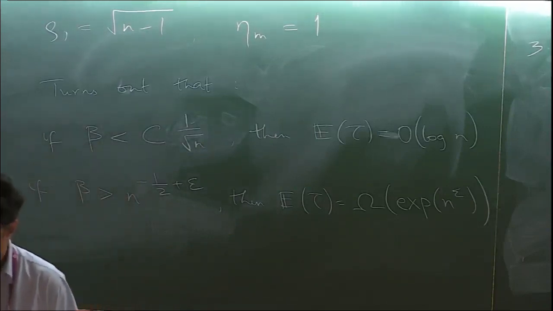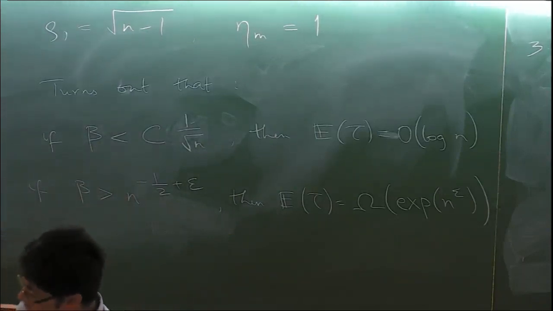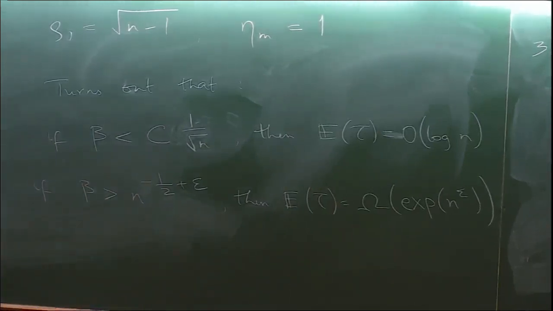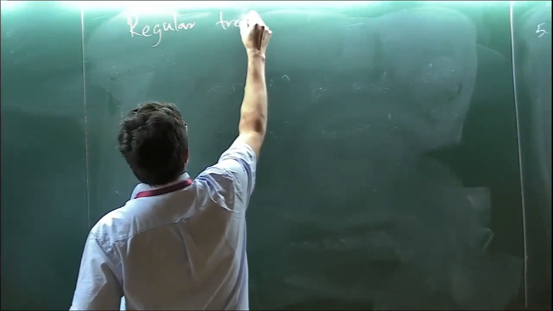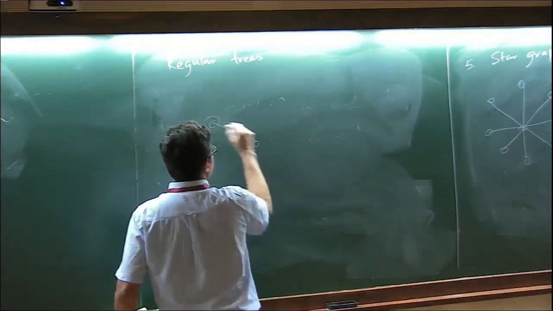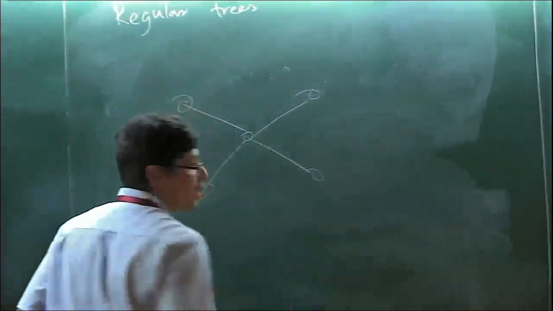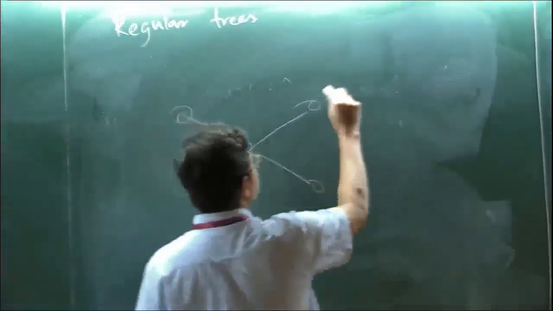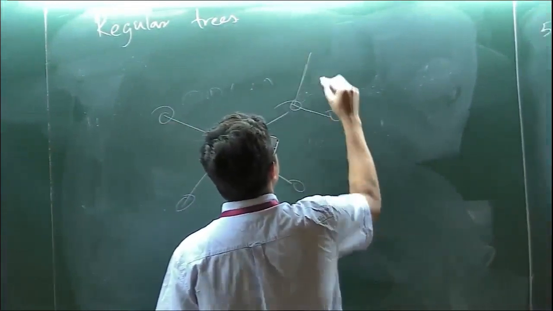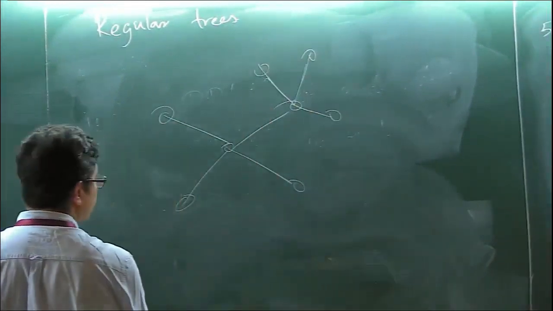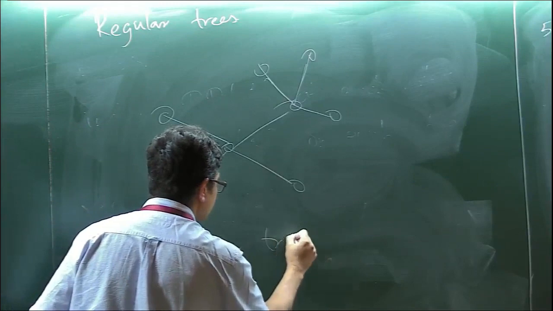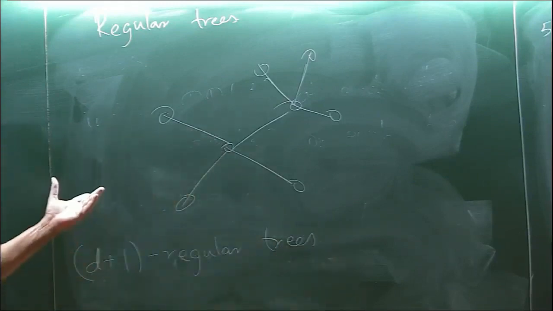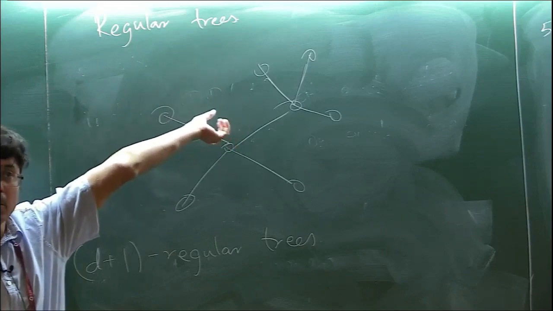Let's look at regular trees, where every vertex has degree d plus 1. So let's look at d plus 1 regular trees, and start with a specific node.